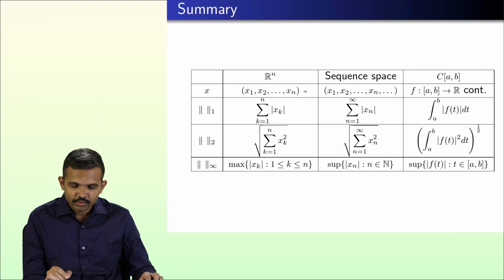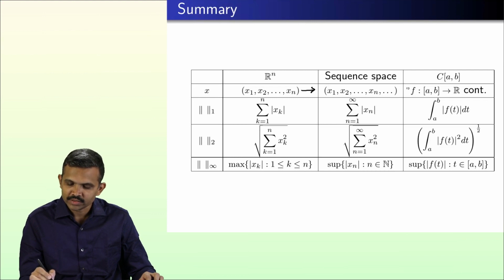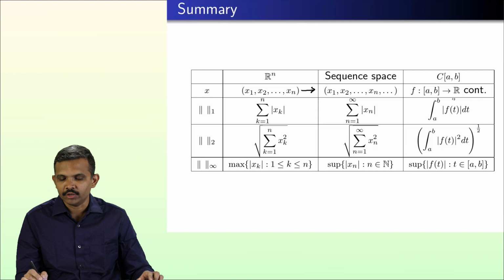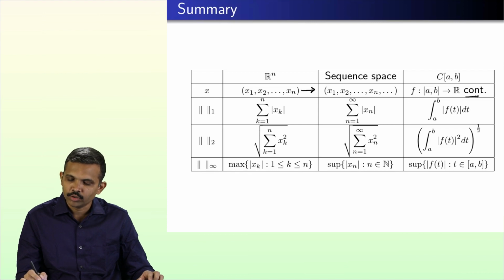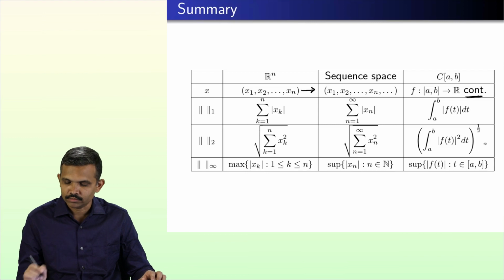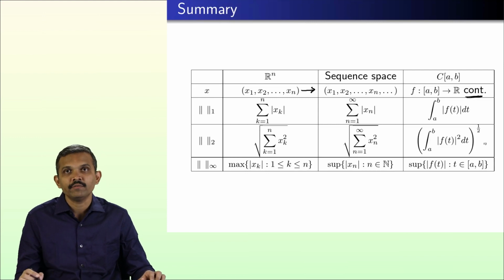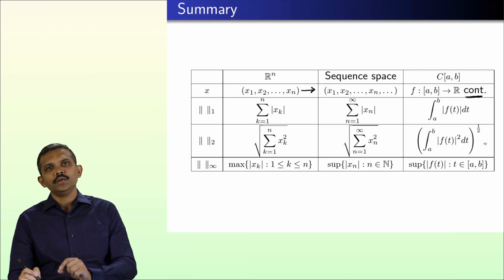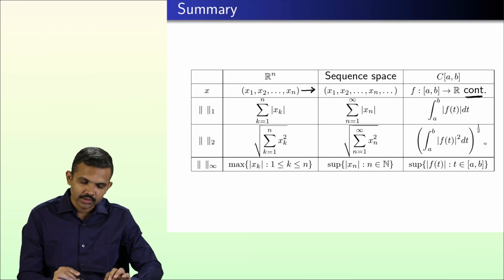If you observe carefully, in Rn we denote any element as x1, x2, ..., xn, then we can extend it to x1, x2, ..., xn and so on, that is a member of a sequence space, and the similar kind of element in C[a,b] looks like a function from closed [a,b] to R, and we restrict it to continuous functions just to get the well-definedness of the objects, or more properties. In fact, we need a norm and hence we have to take continuous functions.